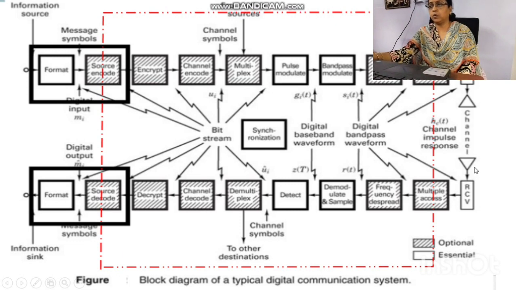From the transmitter, via a channel, it comes to the receiver, and at the receiver the opposite of the operations of the blocks on the upper arm is performed in the lower arm. That is multiple access, frequency despreading, demodulation, demultiplexing, channel decoding, decryption, source decoding, etc.